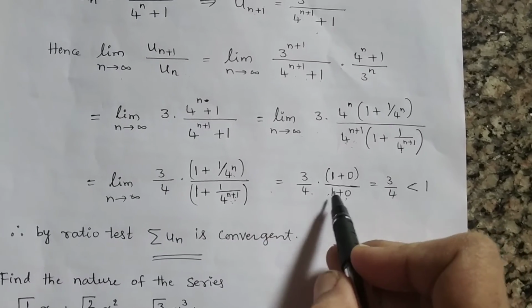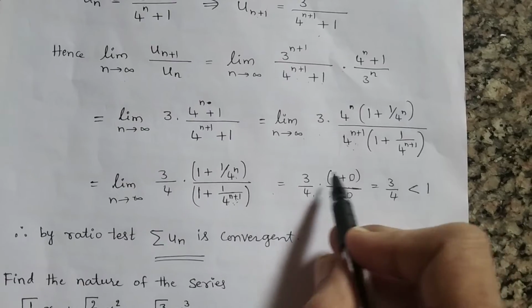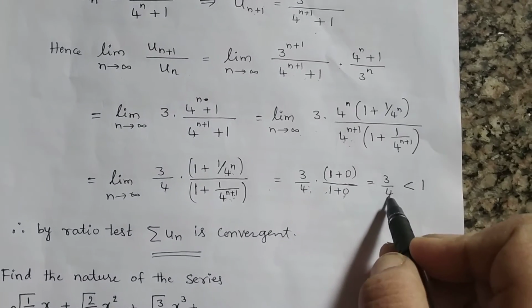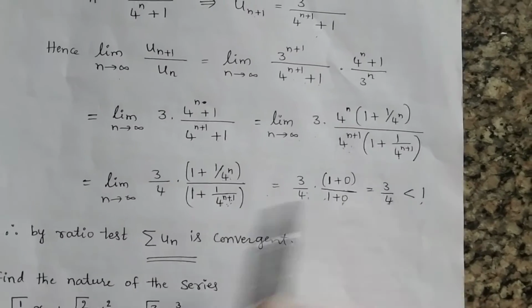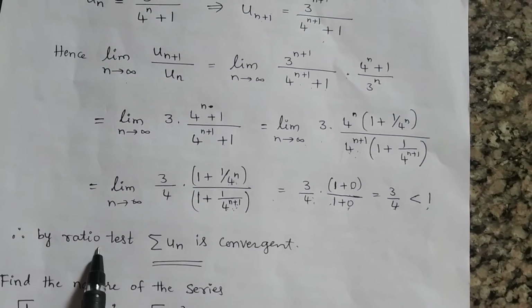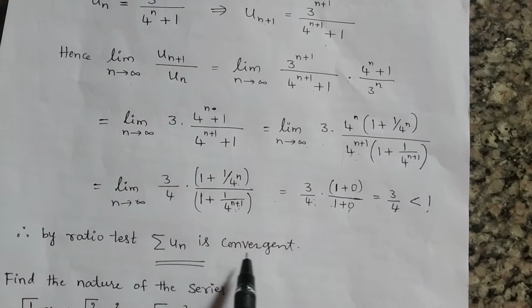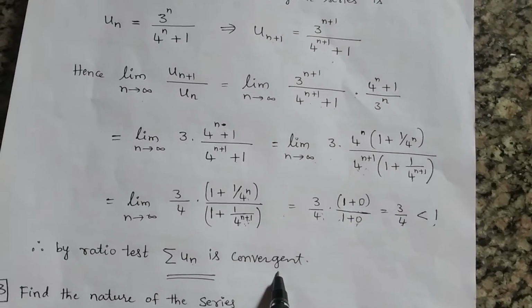Therefore we get 0. 1 plus 0 is 1. 1 into 3 by 4, we got 3 by 4. 3 by 4 is less than 1. Since it is less than 1, by D'Alembert's ratio test, we can say the given infinite series is convergent.